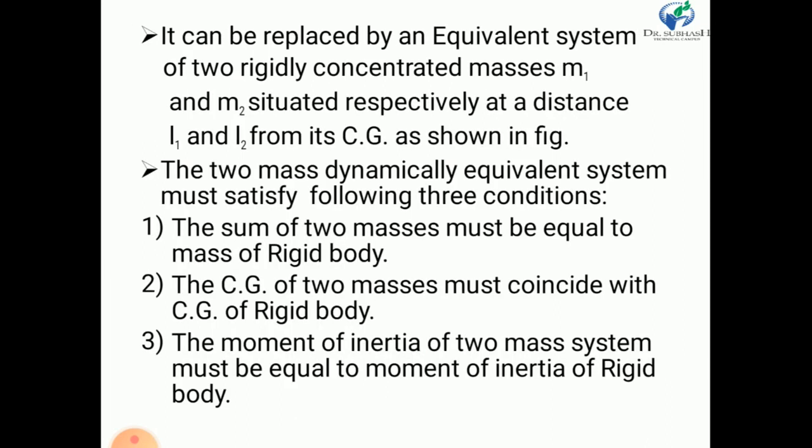The two mass dynamically equivalent system must satisfy the following three conditions. So my dear friends, if it is a 2-point mass dynamically equivalent system, then it must follow three conditions. First condition, the sum of two masses must be equal to the mass of the rigid body.